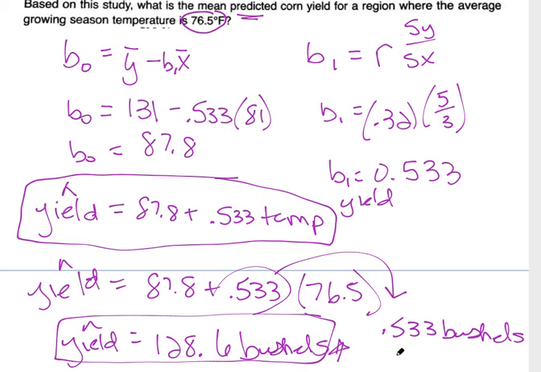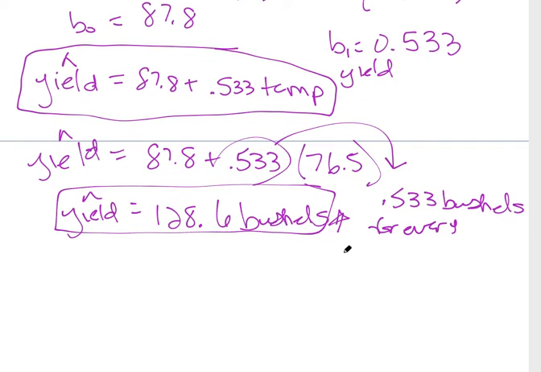I'm writing this very quickly here in the lower corner. 0.533 bushels produced for every 1 degree increase. Okay. All right. That is the end of this video.